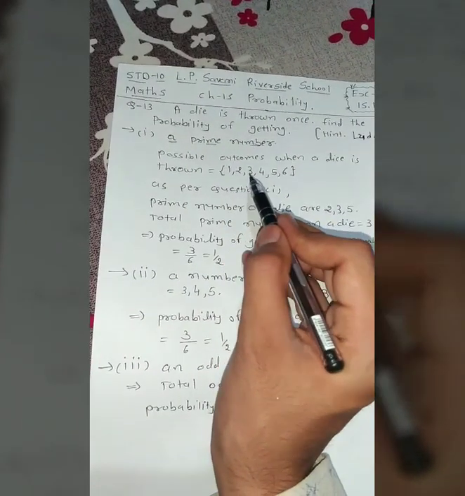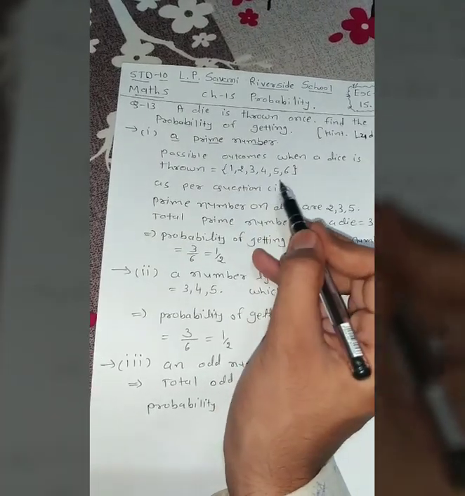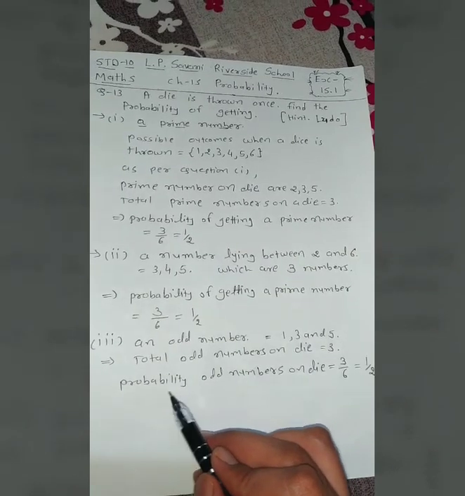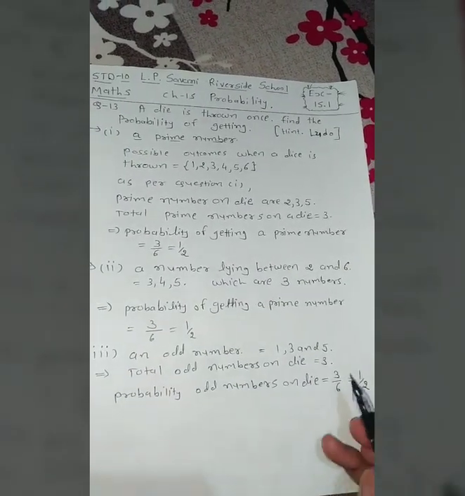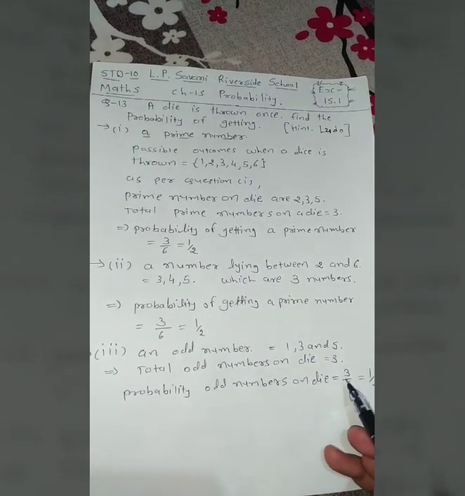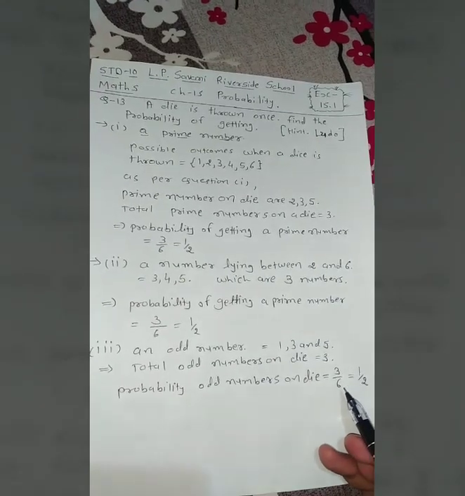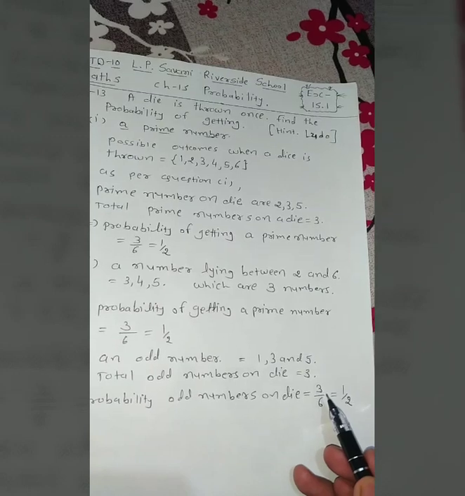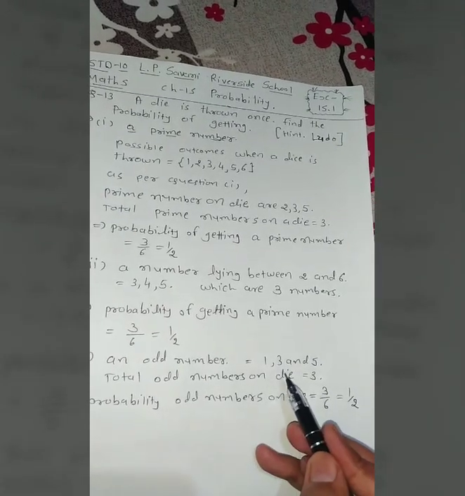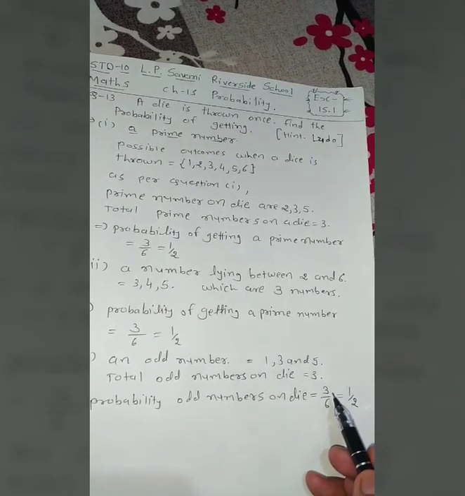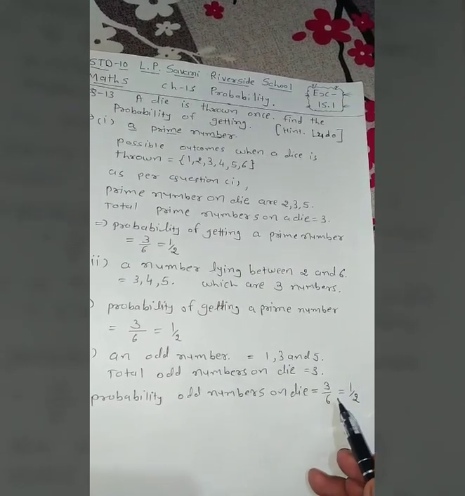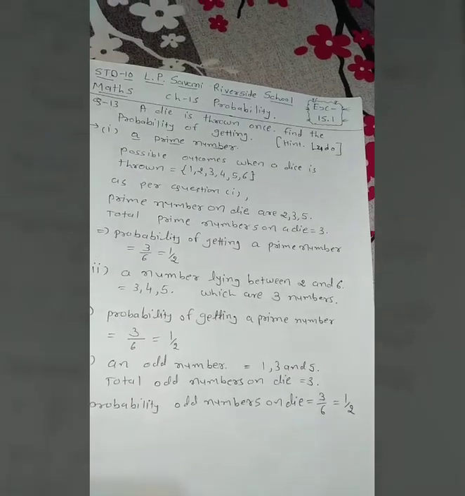So the probability of an odd number on the die is 3 upon 6, because 6 is the total number of possible outcomes and 3 is the number of favorable outcomes. So total possibility is 6, and we get 3 possibilities. So 3 upon 6 gives 1 upon 2.